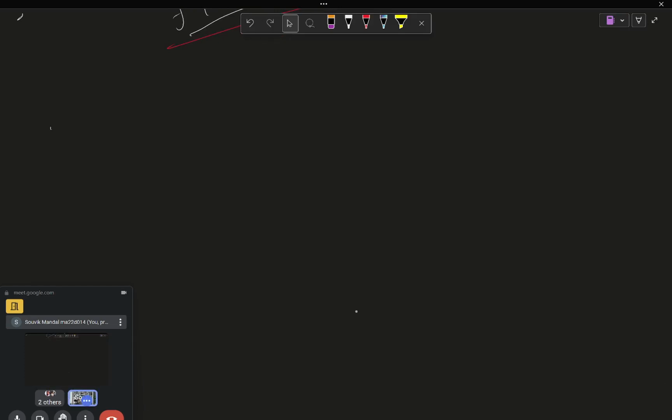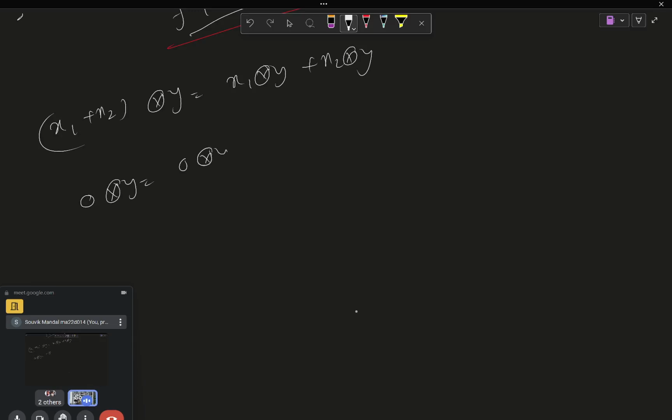is that, okay, so we have seen that (x1 + x2) tensor y is equal to x1 tensor y plus x2 tensor y, right? So if we put 0 both sides, this implies what? 0 tensor y is equal to 0 tensor y plus 0 tensor y. Okay.